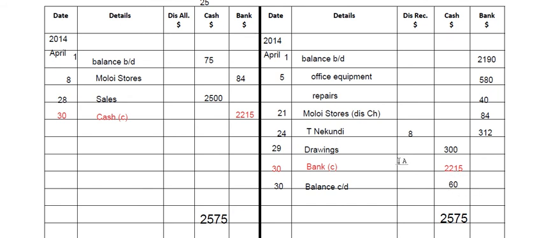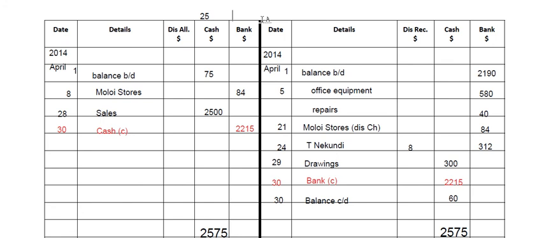Now let's check the bank. Remember, with bank there are possibilities that you may have a credit balance, so always check the totals. Let's check the total on the bank on the debit side and just pencil it in on the top of the bank column. So the bank is adding up to 2299 so far, and on the other side, on the credit side, it is adding up to 3206.